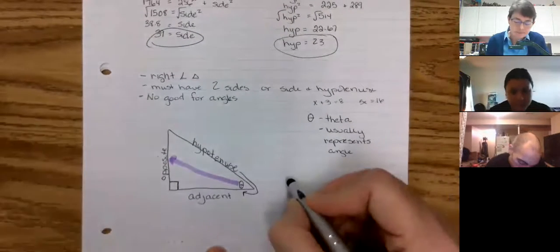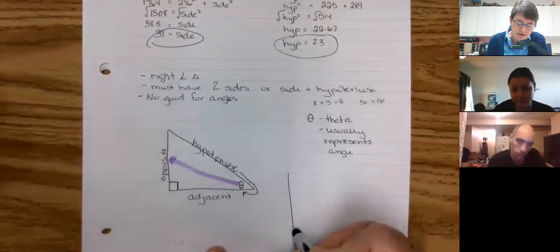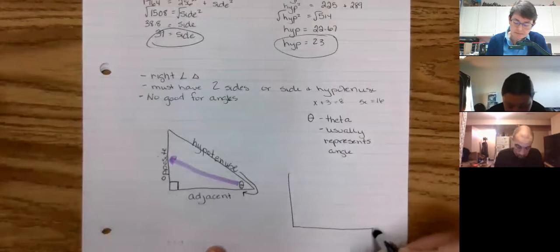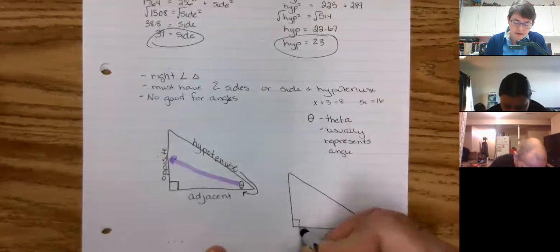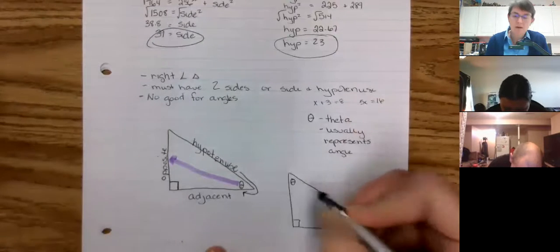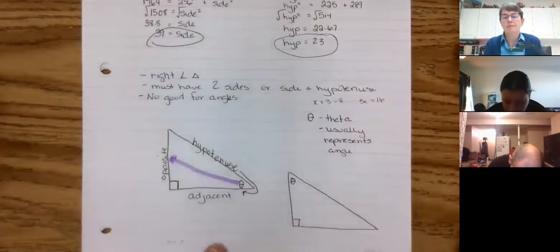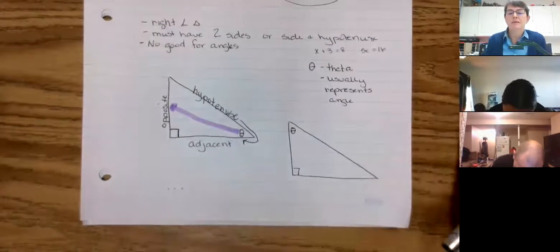Now here's where it gets fun. Draw yourself the same triangle again. Except this time, we're going to put the theta up there, up in the top corner.